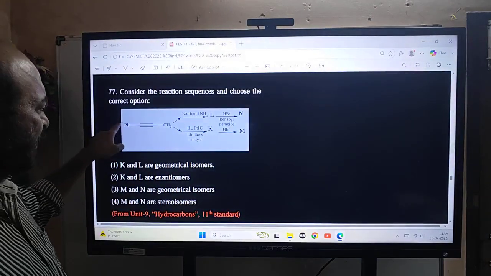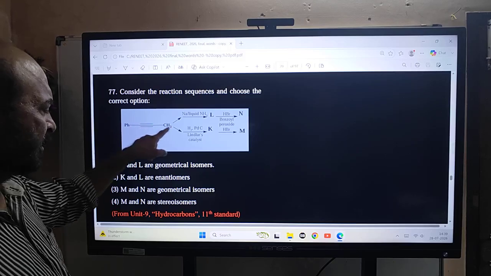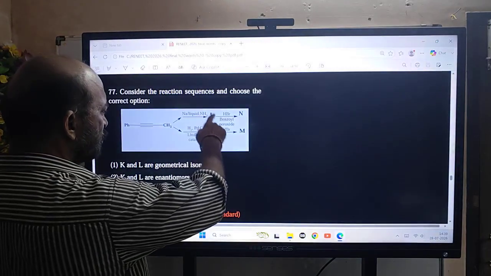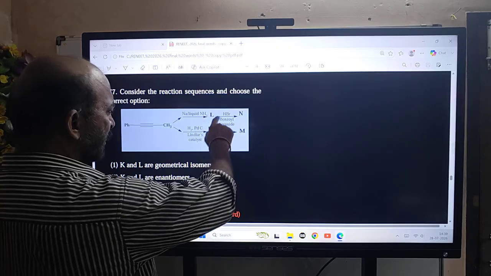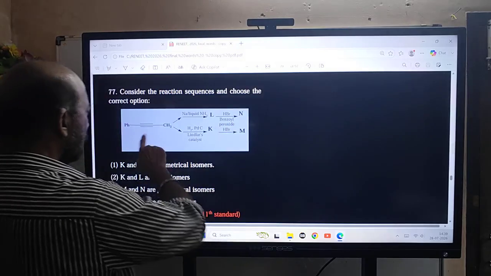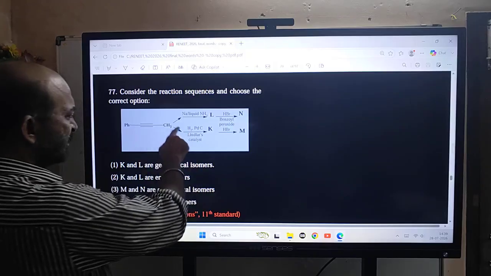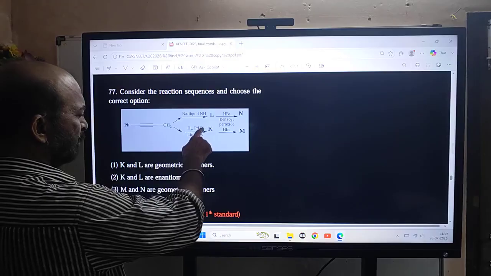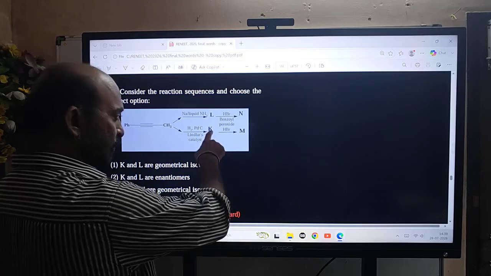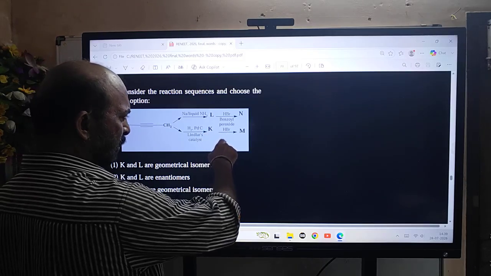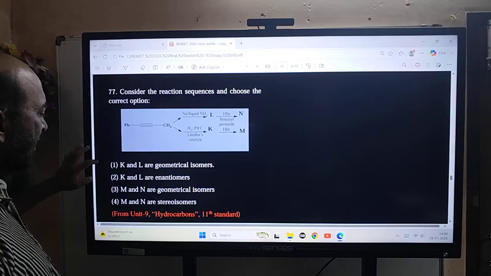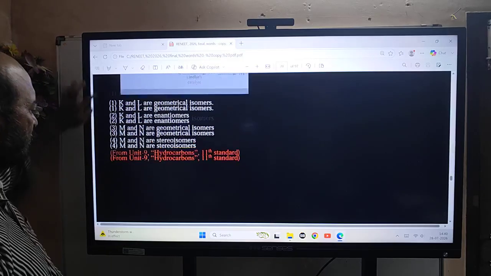C6H5, that is phenyl ring, C triple bond C, CH3. The first set of reagents is sodium in liquid ammonia, which gives you the first product L, which upon treatment with HBr in the presence of benzoyl peroxide gives you N. The second path is reducing the same reactant with hydrogen and palladium on carbon, which is Lindlar catalyst, and that gives you product K, which upon treatment with HBr, here there is no benzoyl peroxide, gives product M. Then we have certain statements regarding these products K, L, M and N. We have to choose the correct one. So we will first study the reaction.